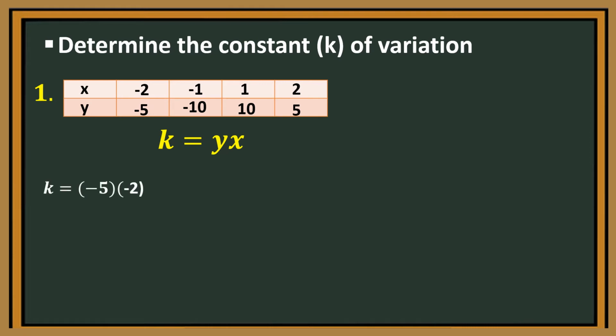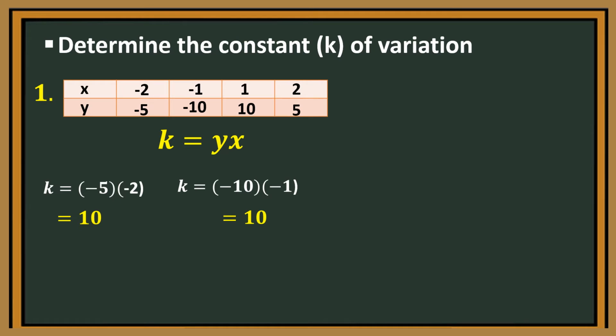Therefore, k is equal to negative 5 times negative 2. That is positive 10. Let's go to the second column. Again, by substitution, k is equal to negative 10, that is your y, negative 1, that is your x. Multiply the two, k is equal to 10.